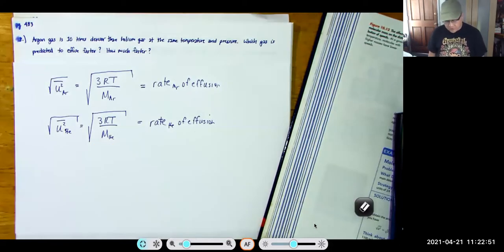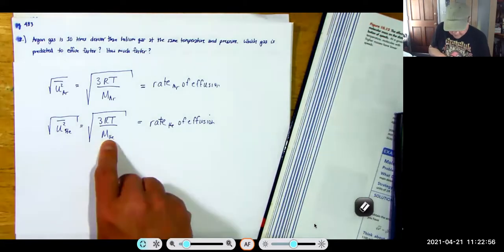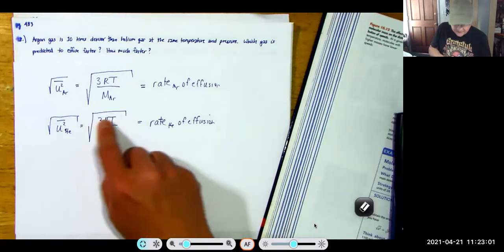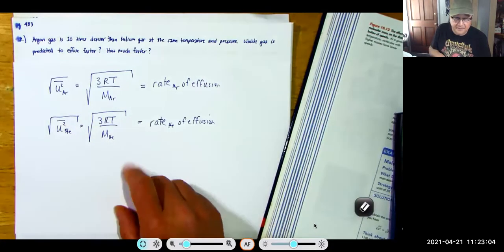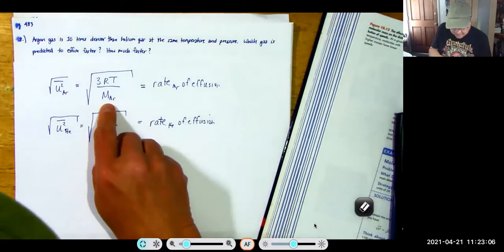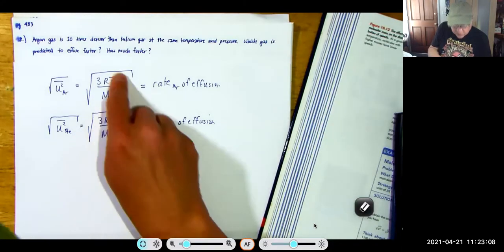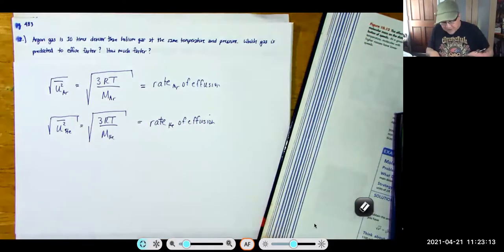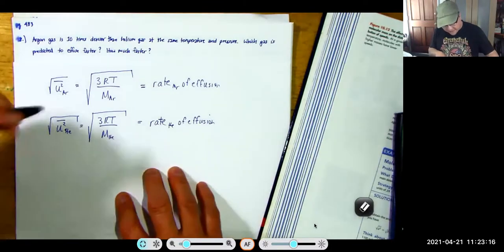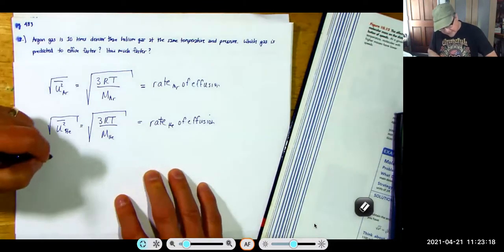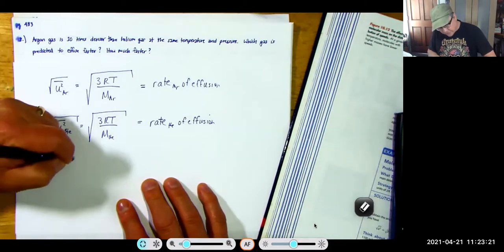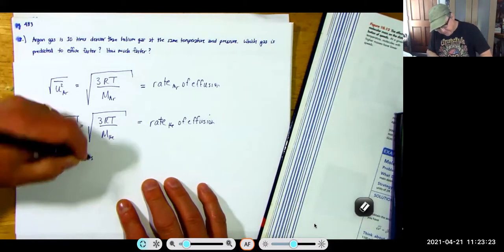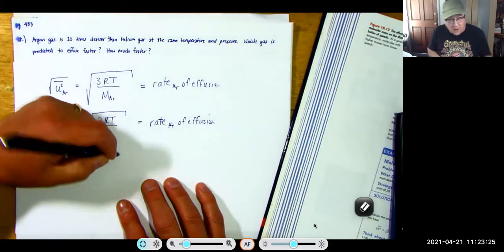Yeah. So that means smaller molar mass, smaller number on the bottom, means a bigger value here on the inside, and therefore a bigger rate. Large value on the bottom means a small value here, and therefore it effuses slower. So when it says which gas is predicted to effuse faster, we would say that helium effuses faster simply because it has a smaller molar mass.